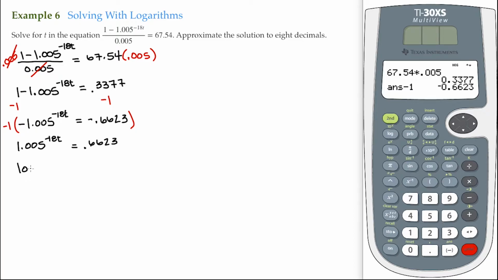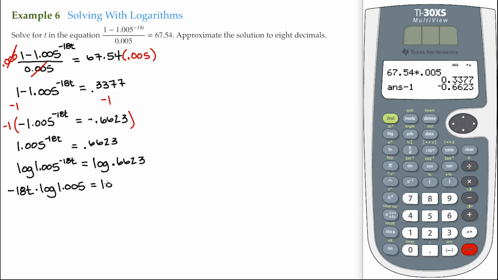So I'll say the log of 1.005 to the negative 18t power. What we do on one side in algebra, we have to do on the other. So this is the log of 0.6623. On the left-hand side, the power property of logarithms says this can be written as negative 18t times the log of 1.005.